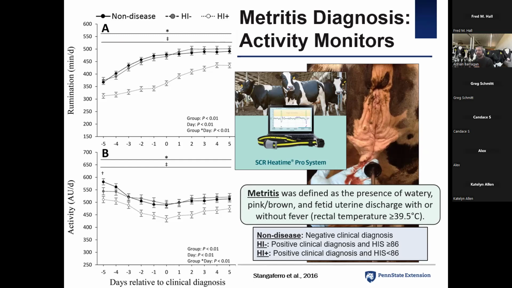So when an animal is flagged, we can use either a rectal palpation, rectal massage of the uterus, or a Metricheck to assess the vaginal discharge of that animal and see if it matches the definition that we talked about before, right? That red, brownish, watery, with or without fetid smell, right? And then we can decide what treatment strategy we're going to use for that.